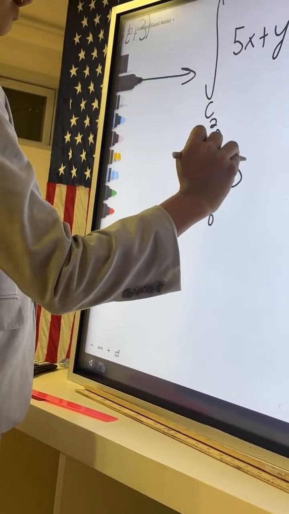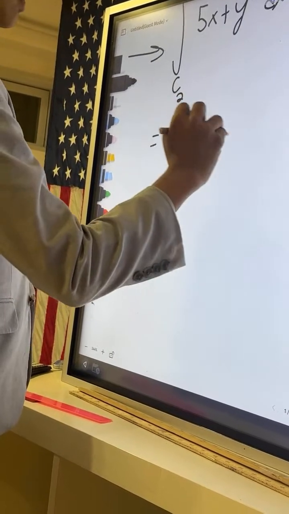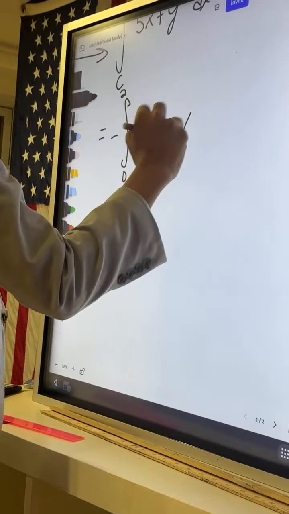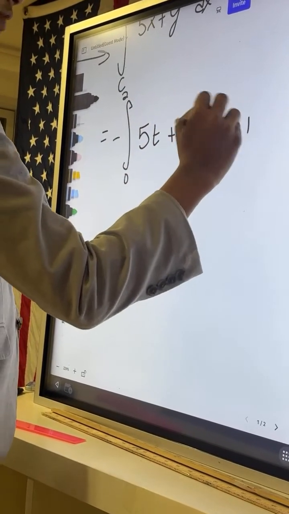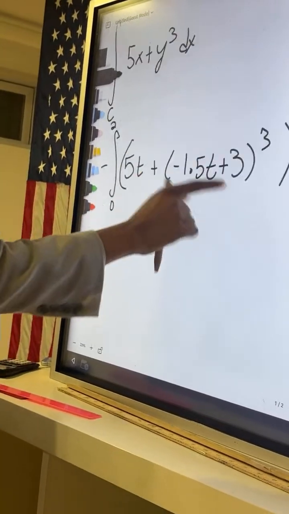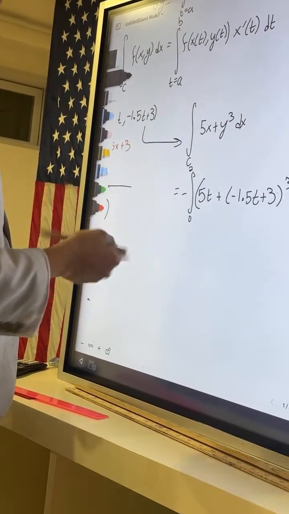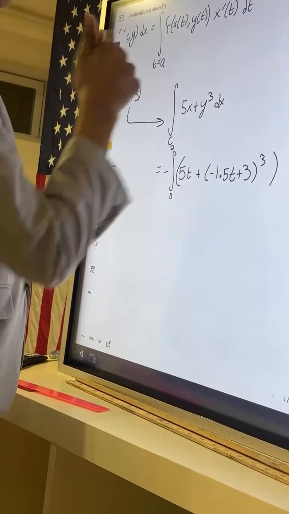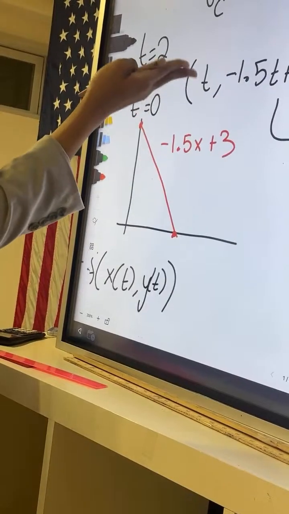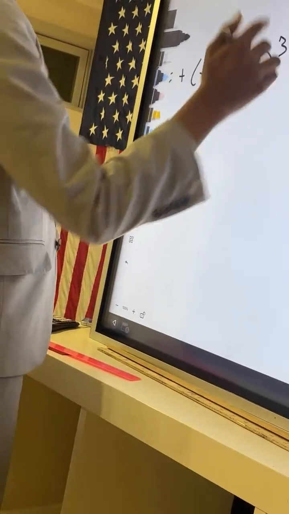We get 5 times t plus, what's this? Negative 1.5t plus 3, cubed. And we also have to multiply that by the derivative of x with respect to t. Since x is equal to t, that's just 1.